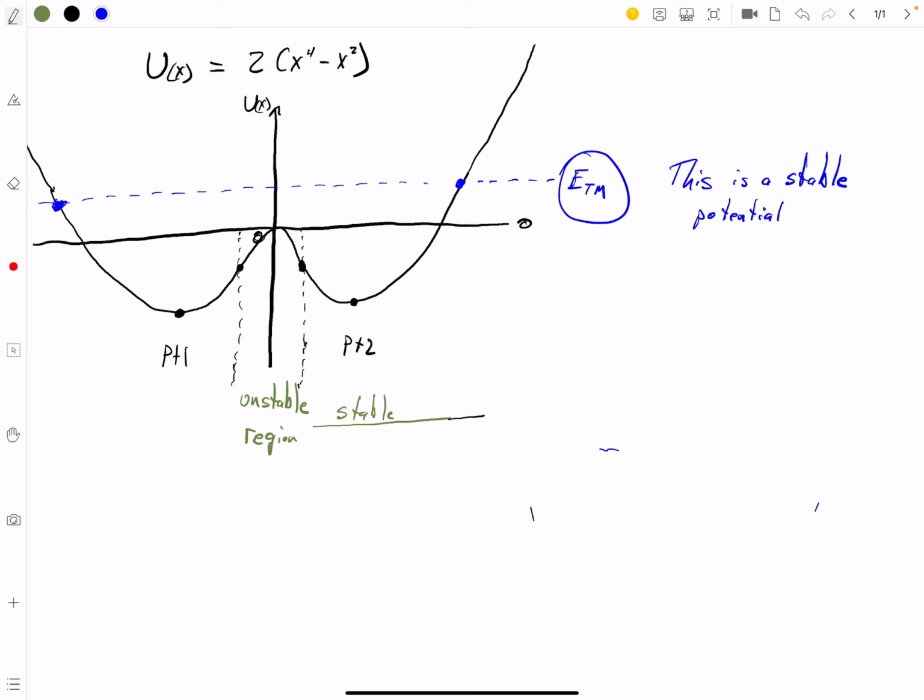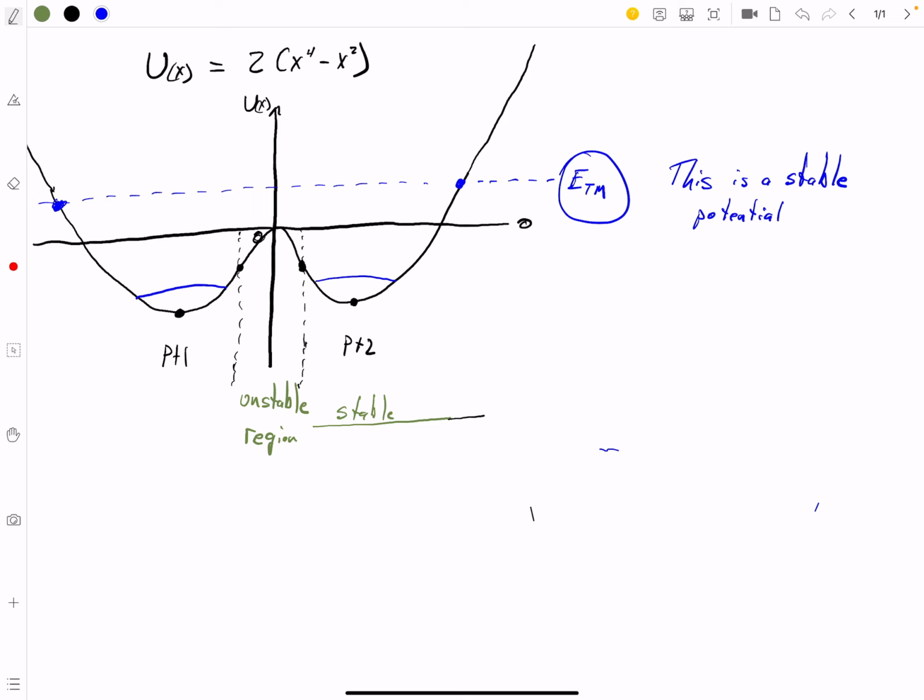The Higgs boson will want to be in one well or the other well, and goes back and forth in one or the other wells.